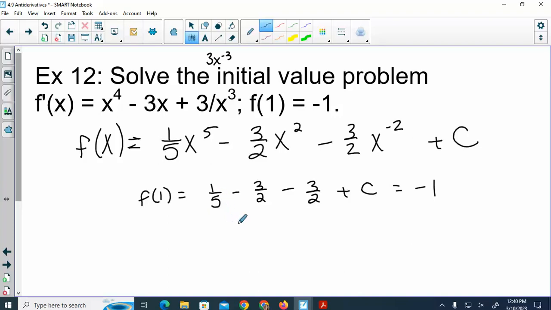So we get negative 11/10. Is that right? No, that's not right. Okay, hold on. That's wrong. I'm getting there.